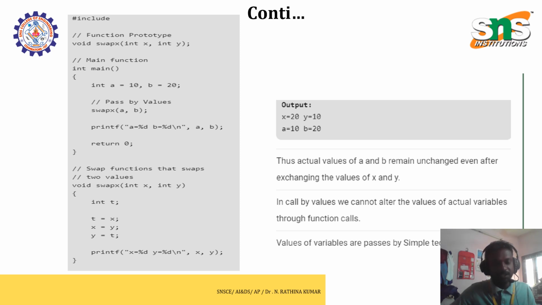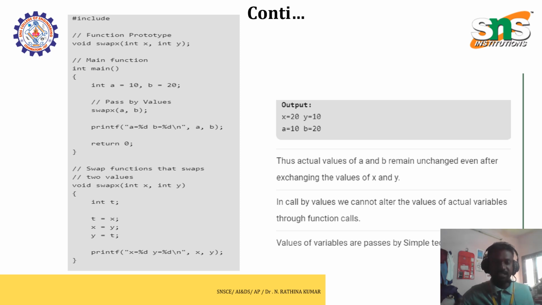Then the control automatically comes to the sub function. See that void swapx(int x, int y). The value of a is passed to x, and the value of b is passed to y. But a, b, x and y are located in different memory locations, not in the same memory location.